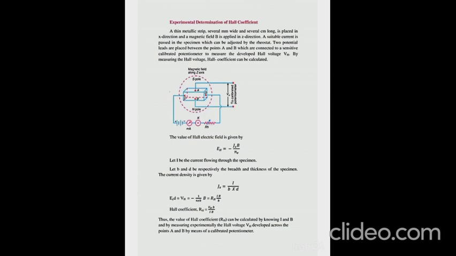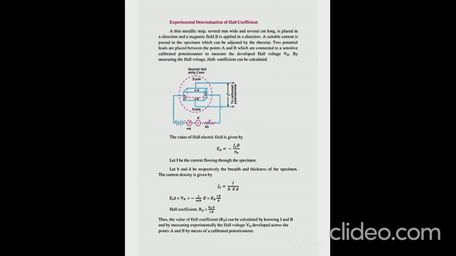The value of the Hall electric field is given by EH equal to minus JxB by ne. Let I be the current flowing through the specimen. Let b and d be respectively the breadth and the thickness of the specimen. The current density is given by Jx equal to I by b into d.